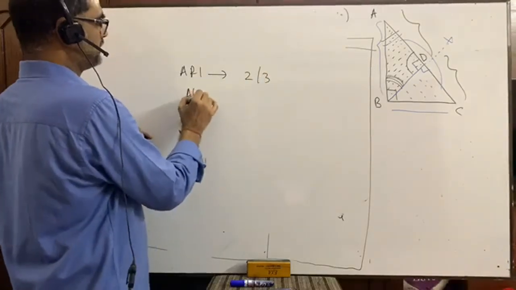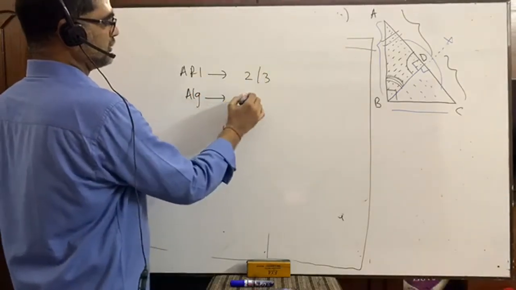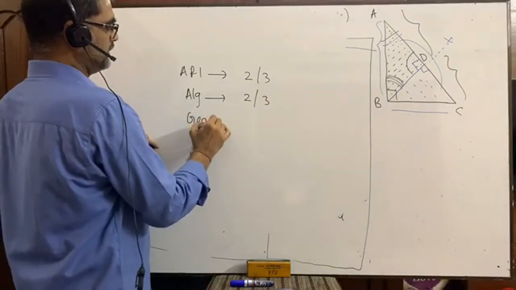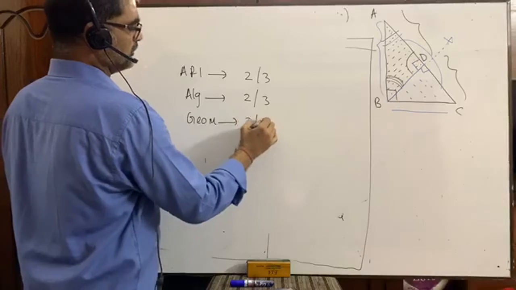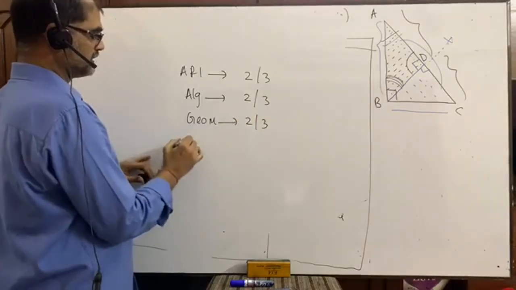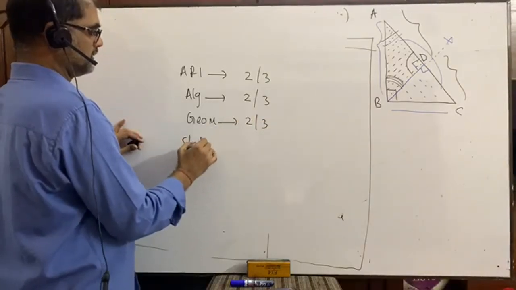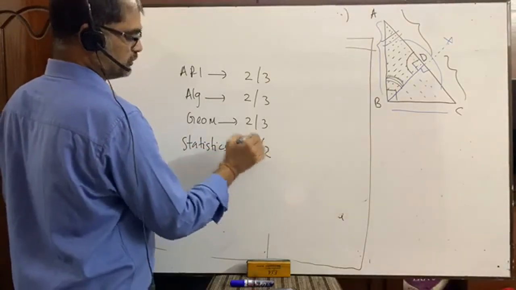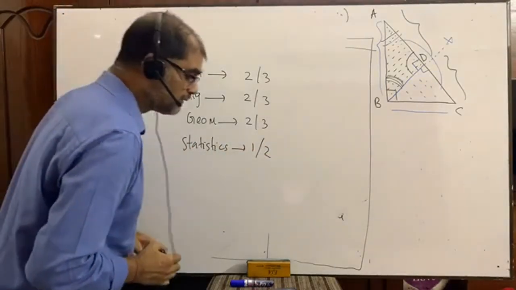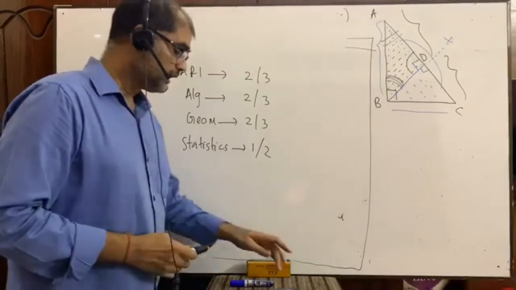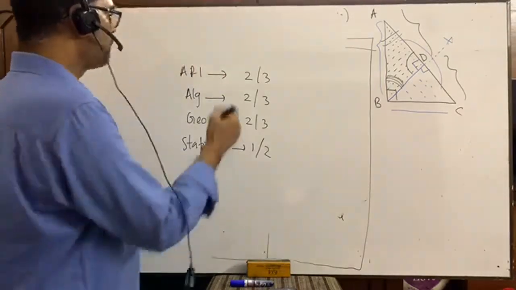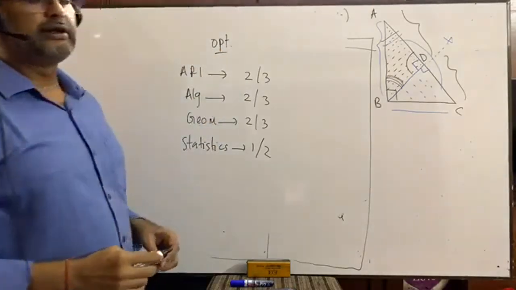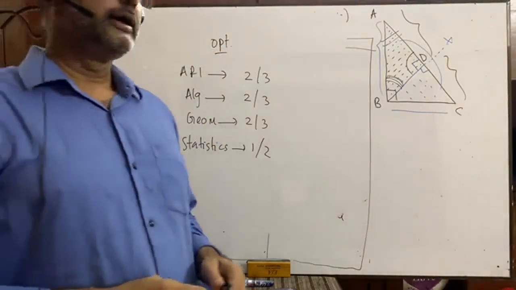From algebra you have to answer 2 out of 3, and from geometry 2 out of 3, and from statistics 1 out of 2. So you have a lot of options. In the exam you can opt. Opt is a verb here.